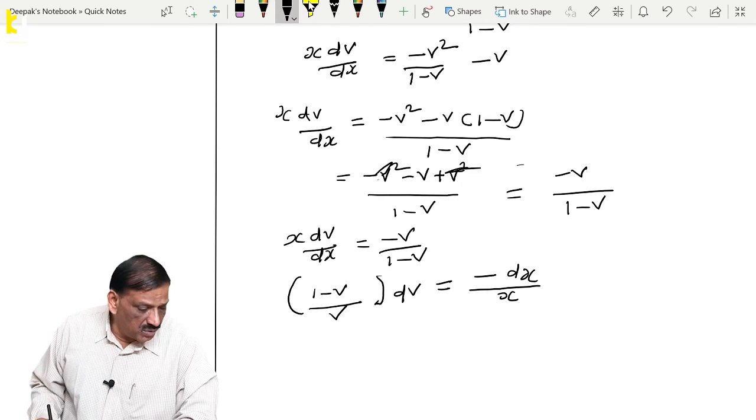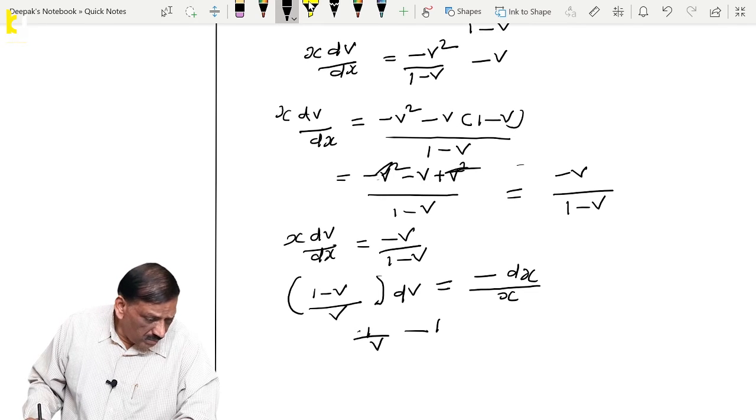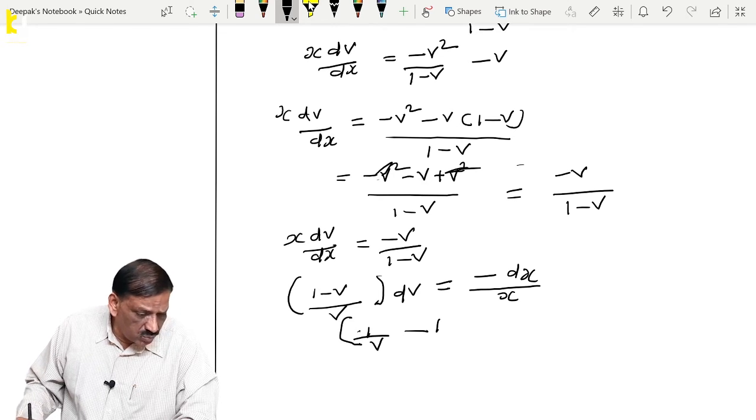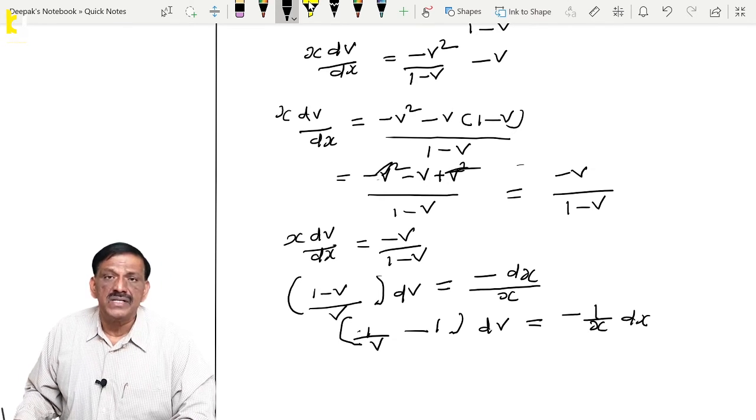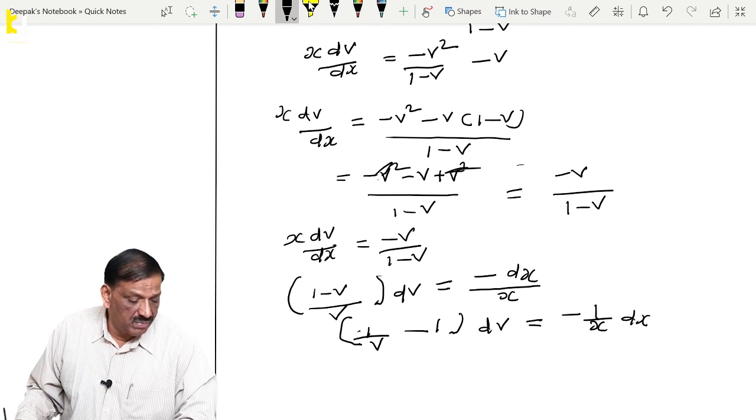Then this is equal to 1 by v minus 1 by v minus 1 dv equal minus 1 by x dx. Minus dx means minus 1 into dx divided by x.